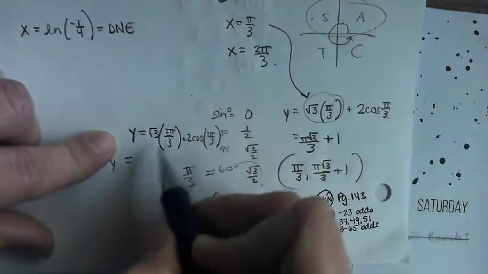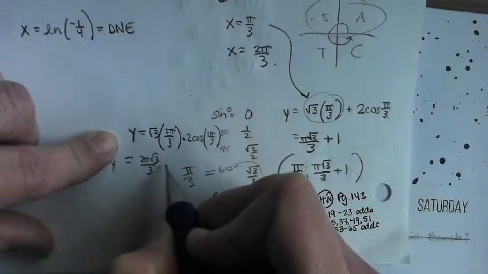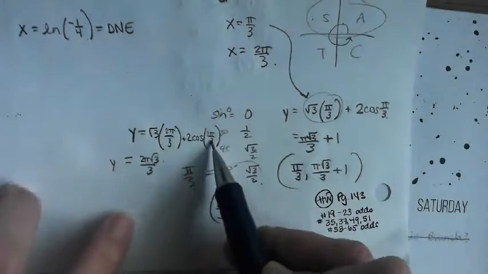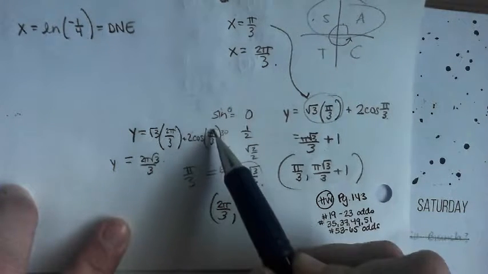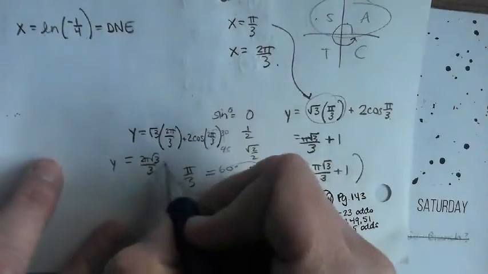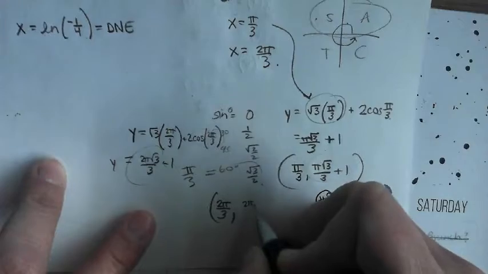So again, with that first one, we're not going to be able to do much with it. 2 pi root 3 over 3. What's the cosine of 2 pi over 3? Negative a half, right? Agreed? We're in the second quadrant, so the cosine is negative. So negative a half times 2 would be minus 1. So there's your y coordinate of the second point.